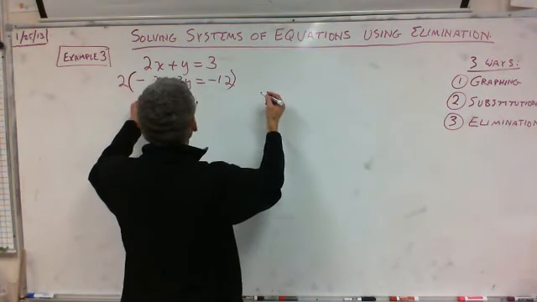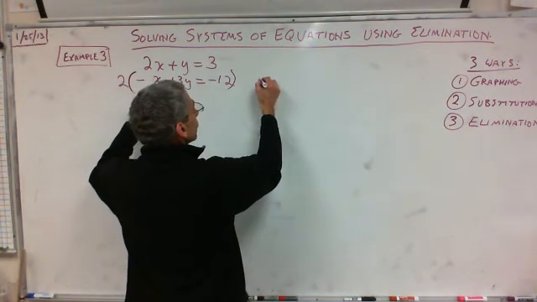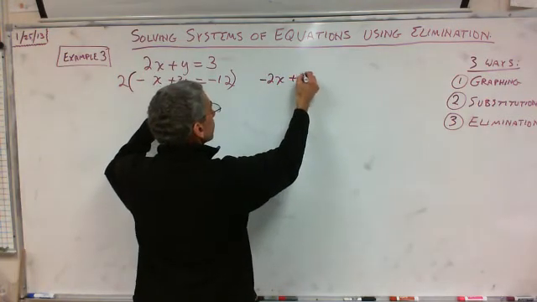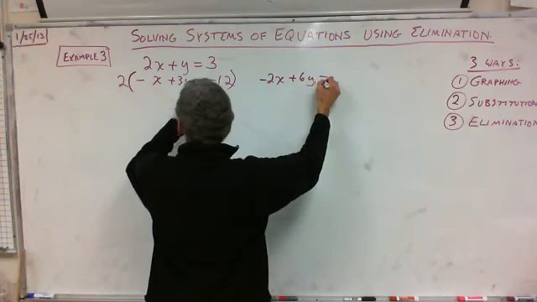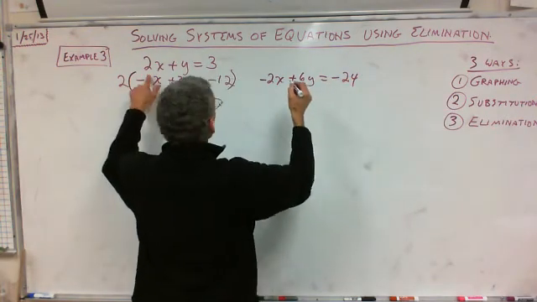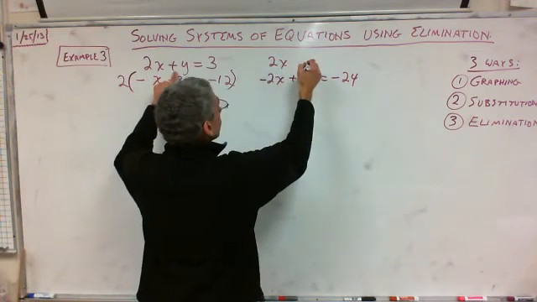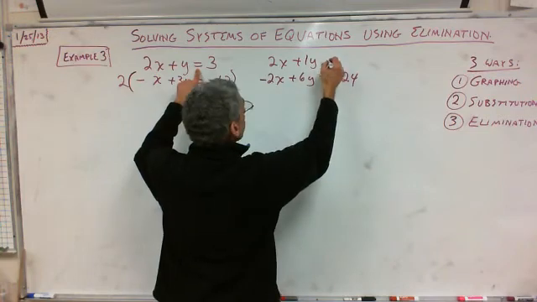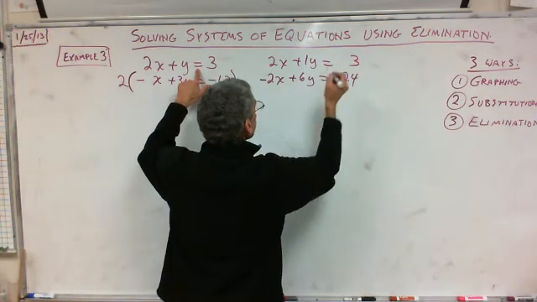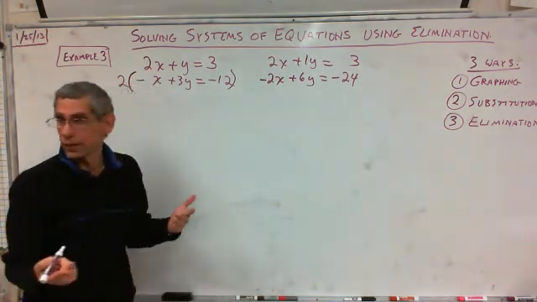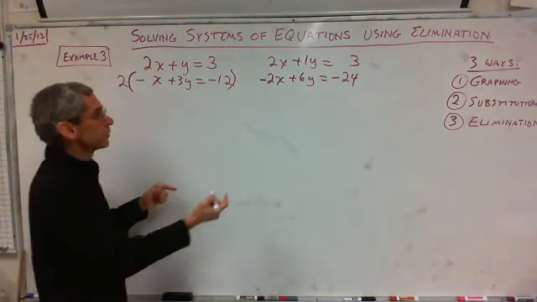So 2 times negative x is negative 2x. 2 times 3y is plus 6y equals negative 24, right? Did I do that right? Yep. Then 2x plus 1y equals 3. All right, look, I've got 2x and negative 2x. It's exactly what I needed to do this.